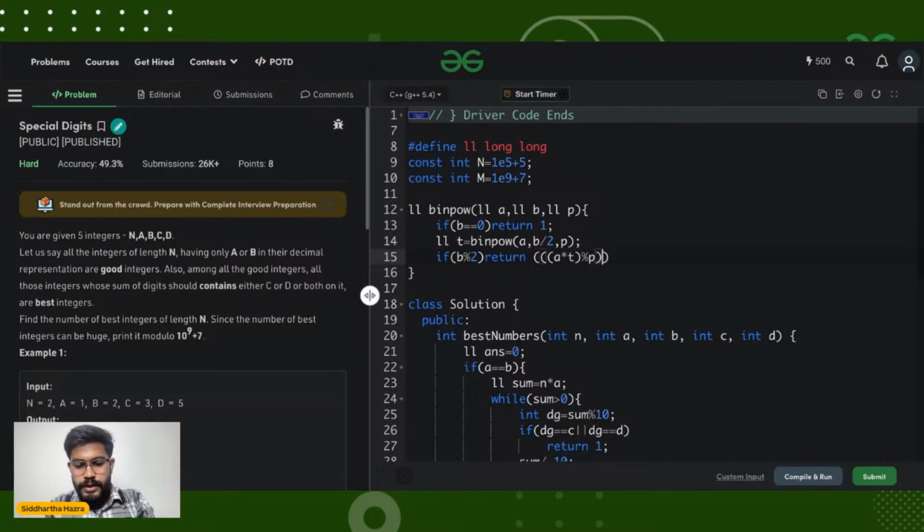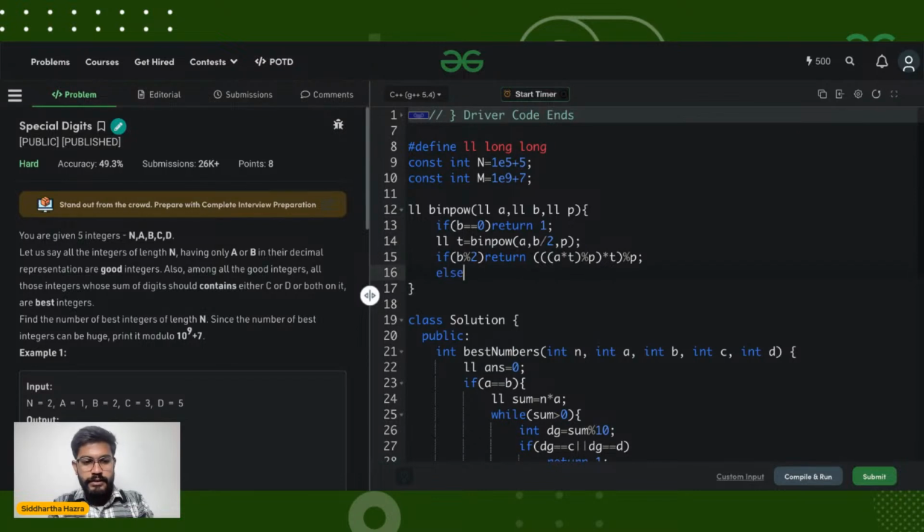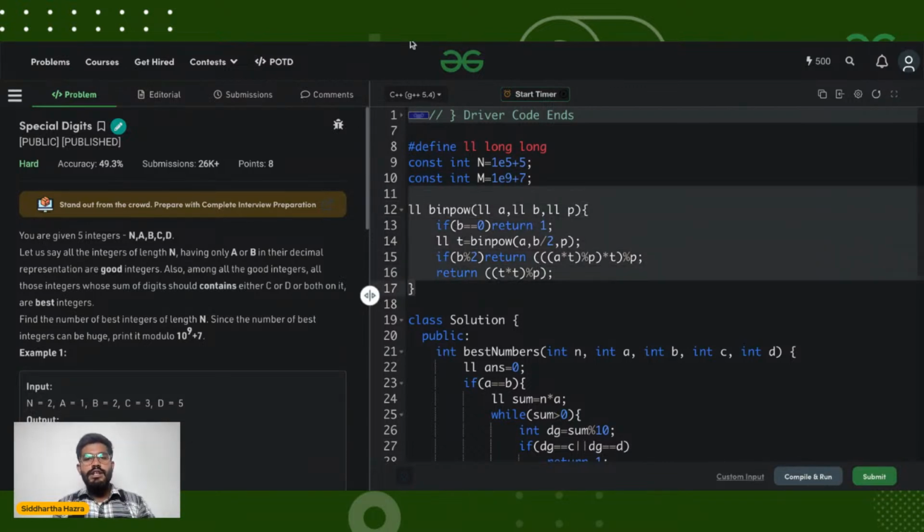Else, return the value of t multiplied by t modulo p. This was just the implementation of this, nothing else.